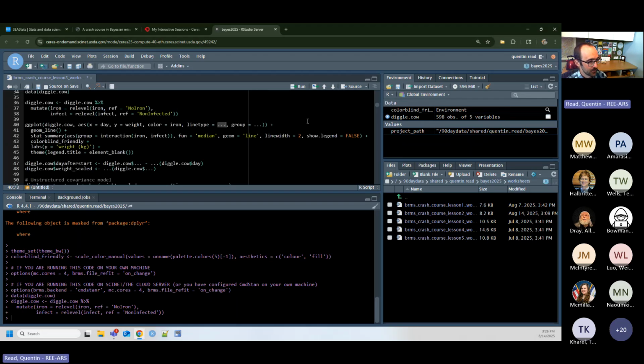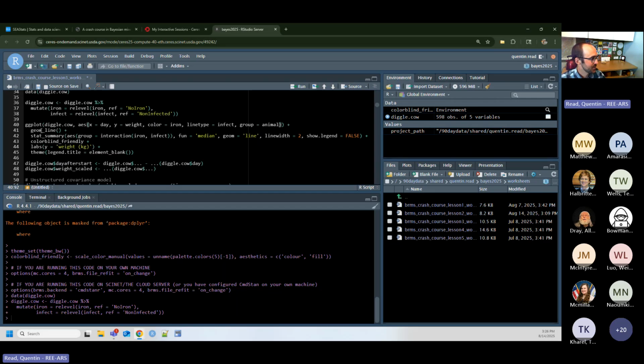We're going to use the line type, dotted versus solid lines, for the infection status. And group by animal means animal is the name of the column with the ID for each individual cow, so we want a separate line for each animal.